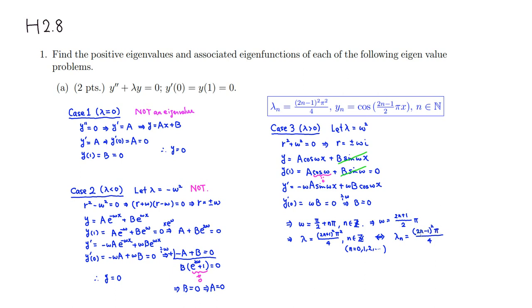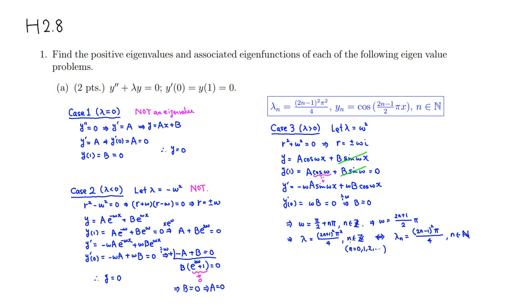Since I reduced the indices by 1, I can start from 1 instead of 0, so n starts from 1, which is a natural number. But you can leave this expression as well, with n being an integer.